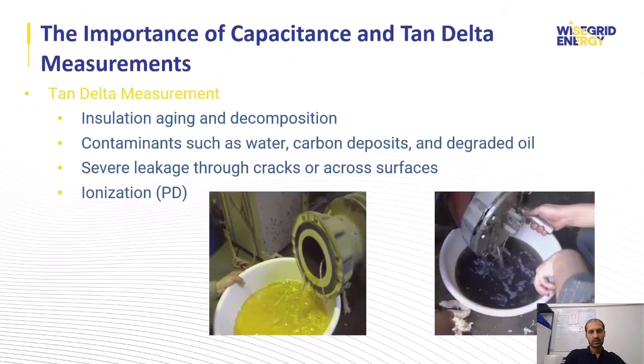The other parameter is tan delta, which indicates the insulation loss. Over time, insulation materials undergo aging and degradation, which can affect their properties. For example, the presence of moisture or cellulose paper inside the insulation can change its behavior.